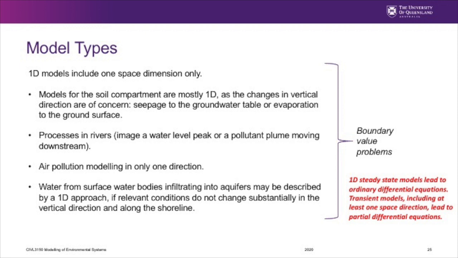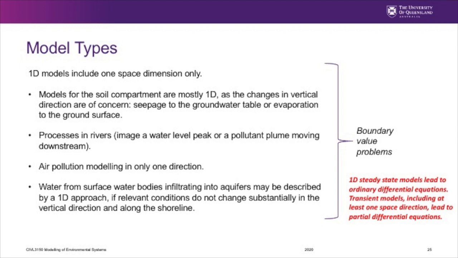1D models are the ones that include one space dimension only, and this can be the distribution of a contaminant in soil, or seepage to the groundwater table, or evaporation as a function of the one space dimension, right?